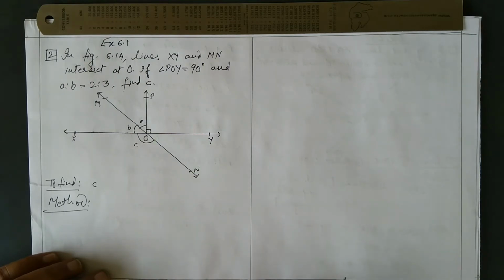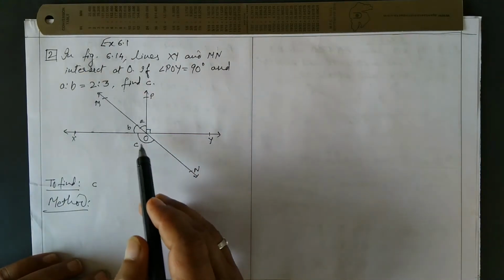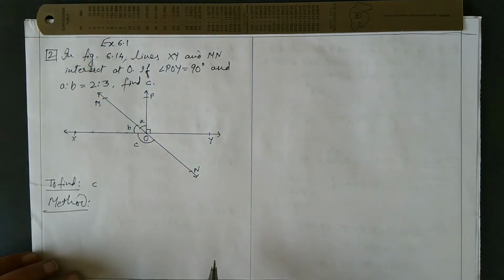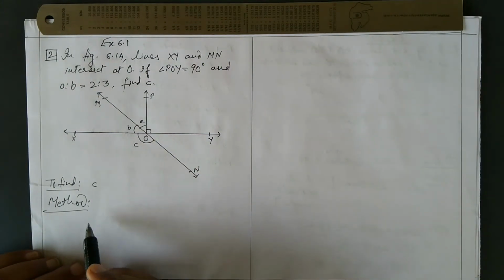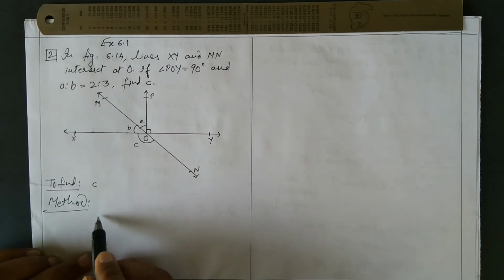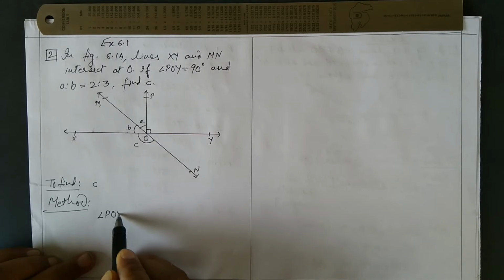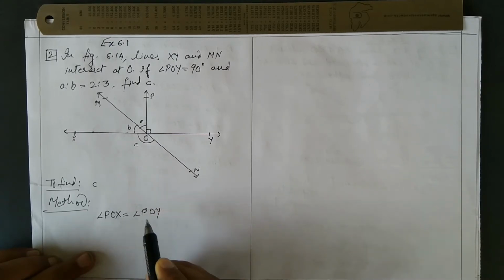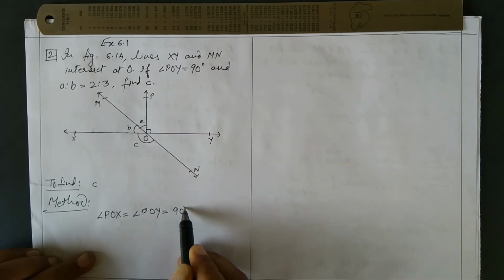Okay, so let us proceed. If POY is 90, then POX is also 90 degrees. Let us write here: angle POX is also equal to POY is equal to 90 degrees.